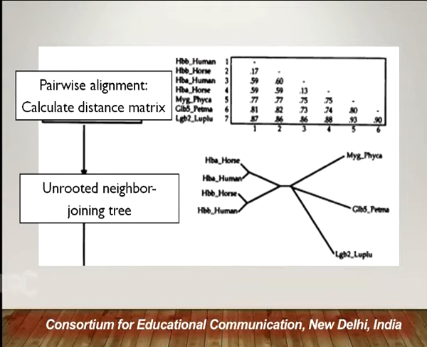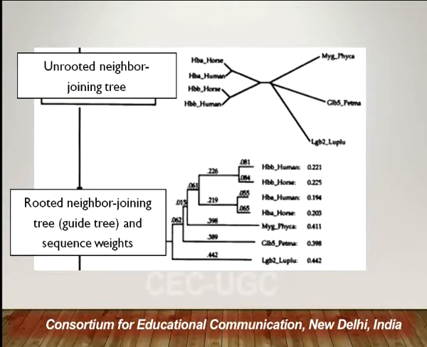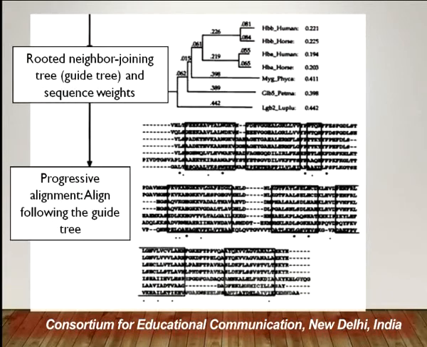It makes an unrooted neighbor joining tree, then it makes a rooted tree, the guide tree, and then it joins the sequences, and then it finally leads to the multiple sequence alignment. So this paper very nicely describes the multiple sequence alignment and all the steps involved.